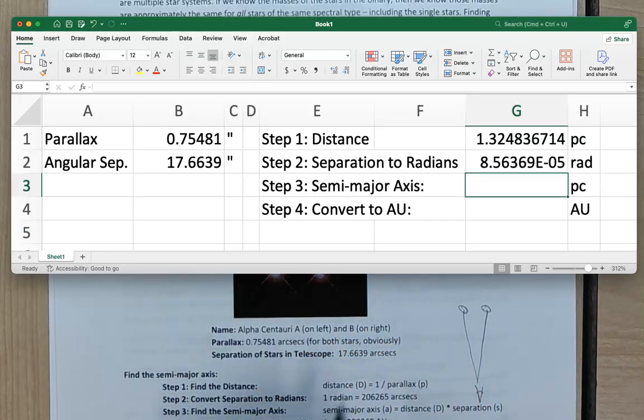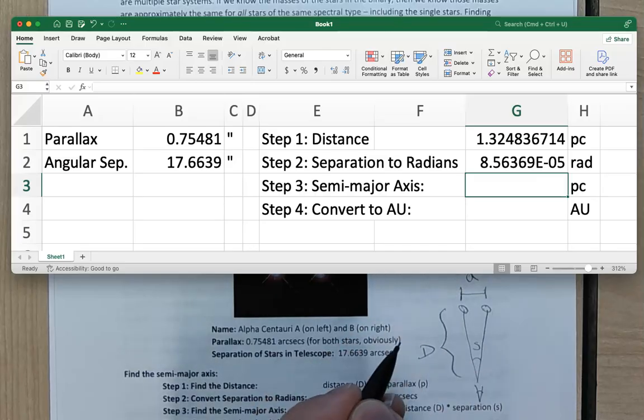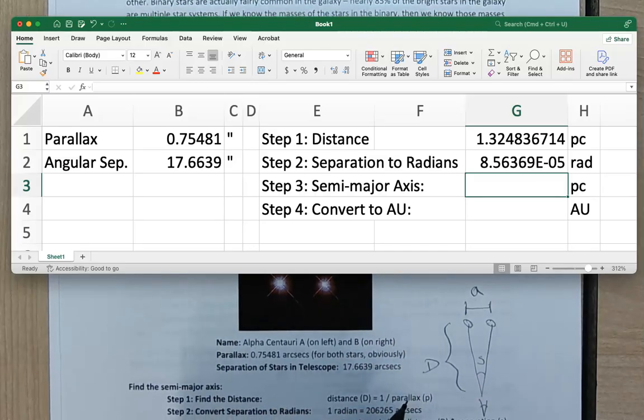The angle here is the angle S, and the distance from Earth to these stars is D. And what we want to figure out is this side of the triangle. So we're doing a little bit of trigonometry here to say, all right, the semi-major axis, remember that semi-major axis is the average orbital distance, right? The average distance between these two stars that are orbiting each other.